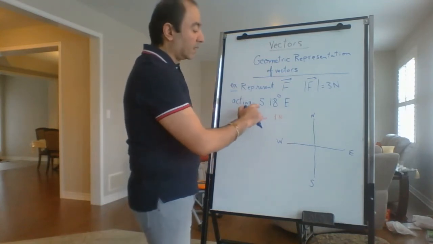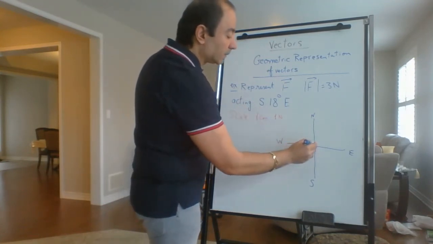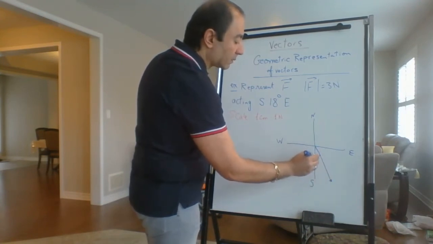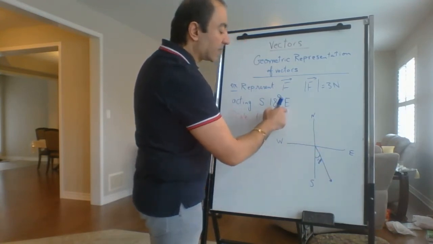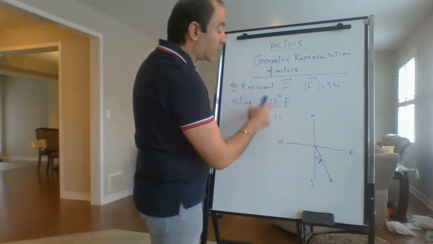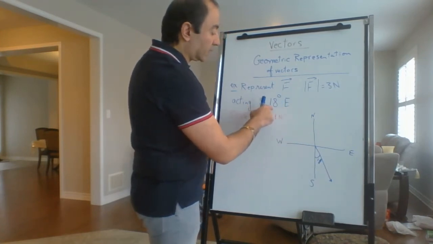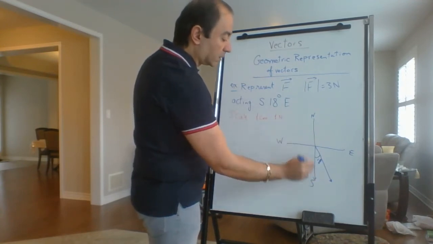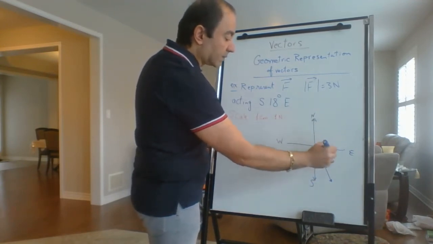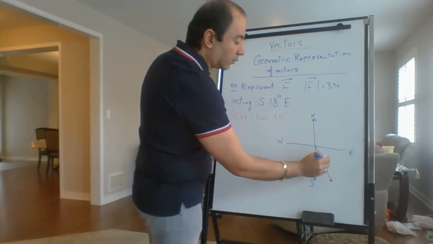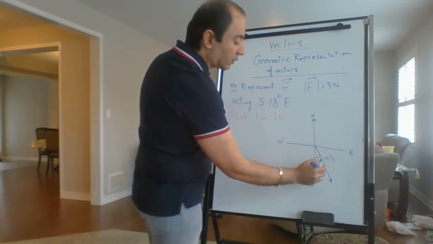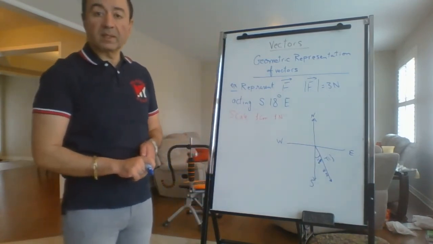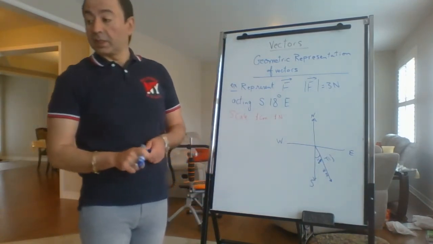So I am going to measure 18 degrees towards the second letter, towards east. So the measure of the angle is 18 with the south towards the east. So this is the force with a magnitude of 3 Newton. Okay, so this is how we represent the vector geometrically.